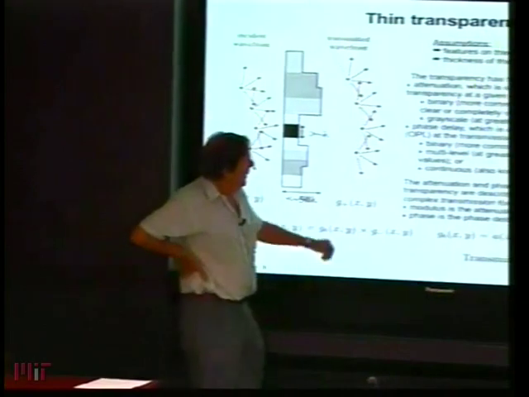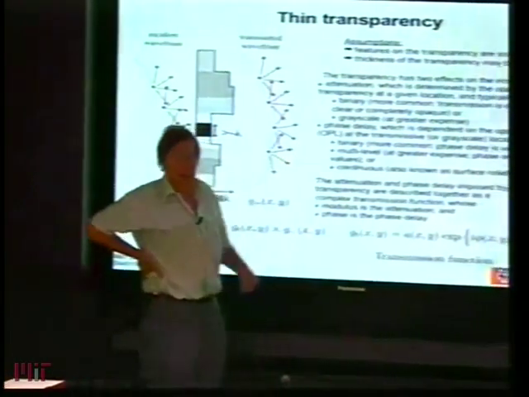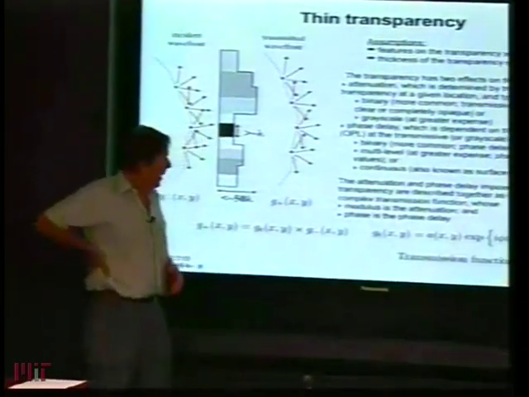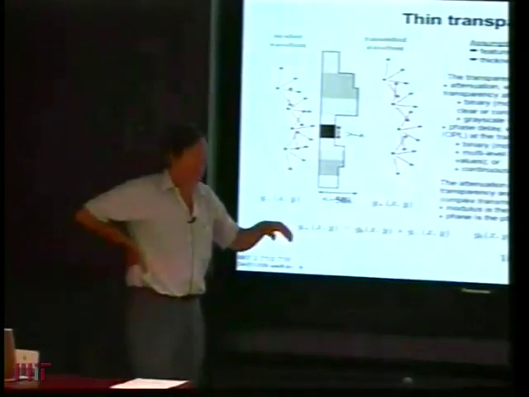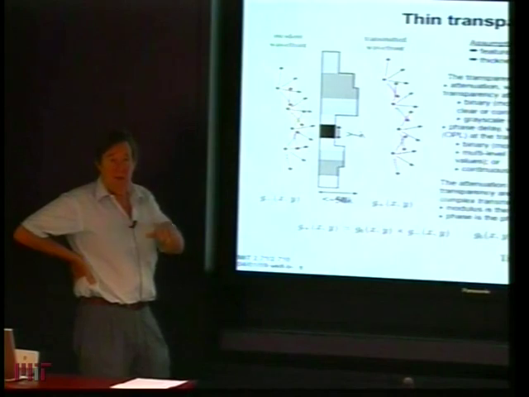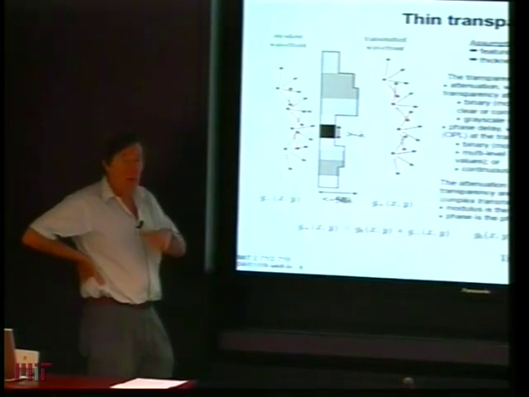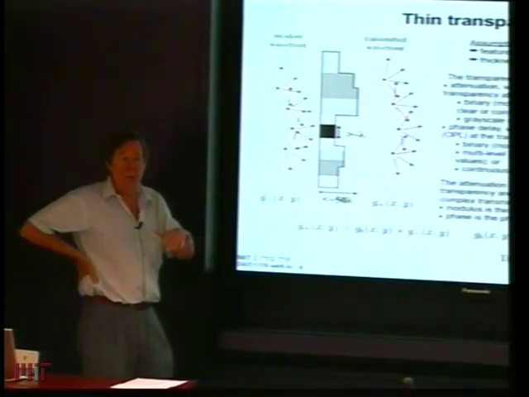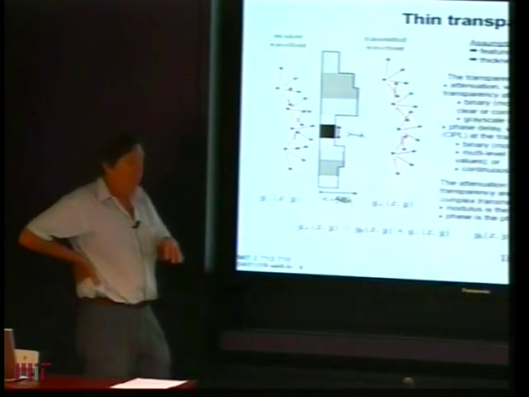And then the phase also, maybe it's a continuously varying phase change, or it might have just two binary values, or it might even have multiple values, maybe say 8 values.